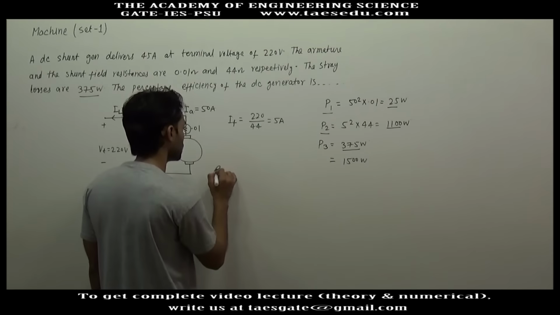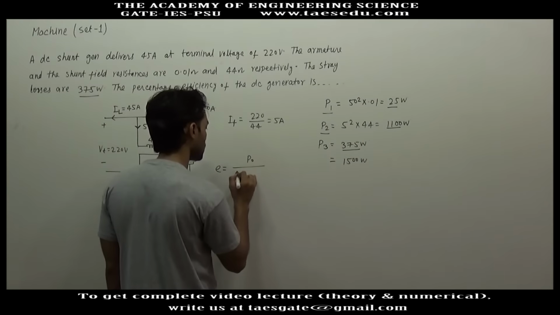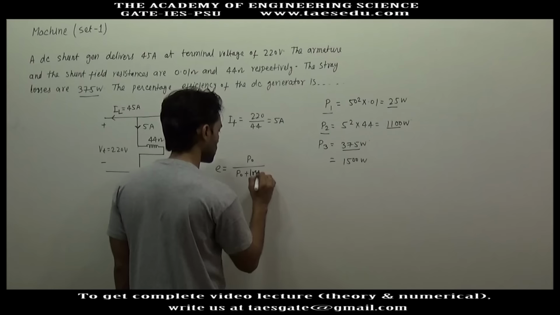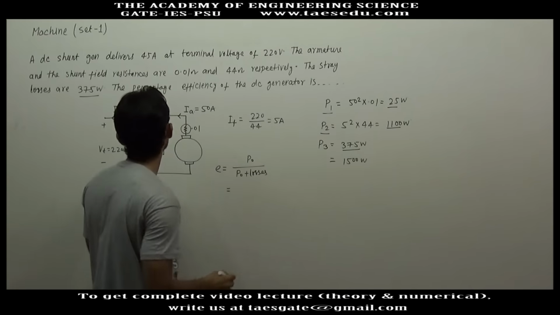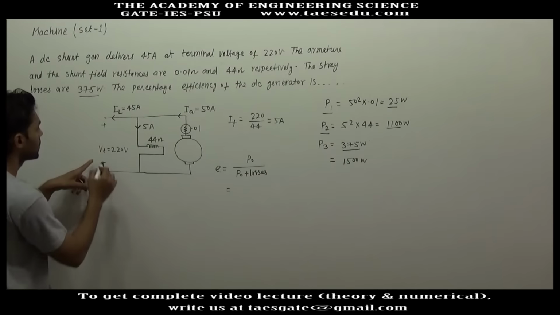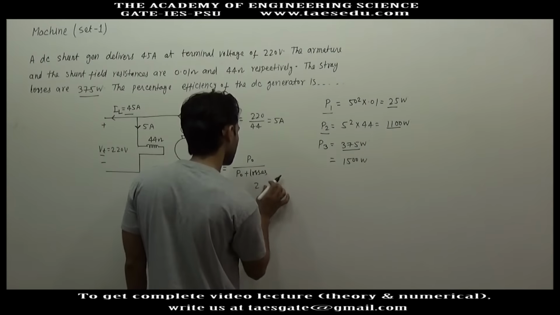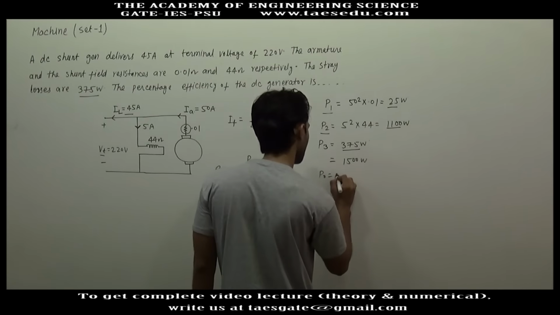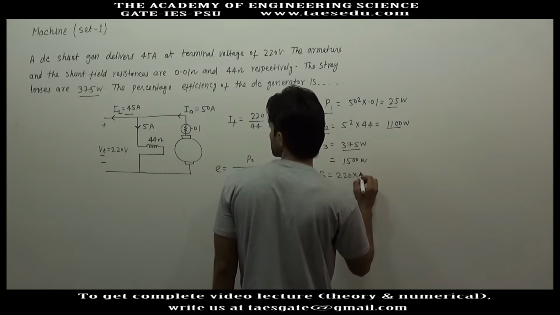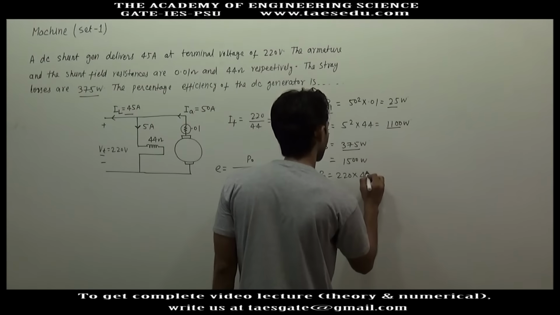So the efficiency will be power output divided by output plus losses. The output power will be output voltage into current. P0 will be 220 into 45.